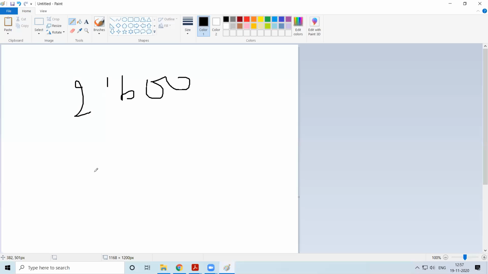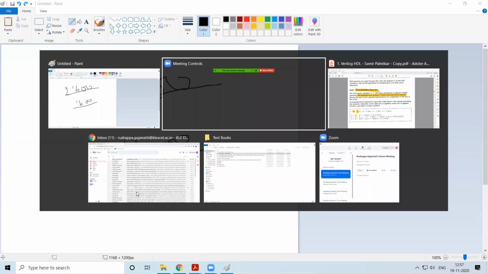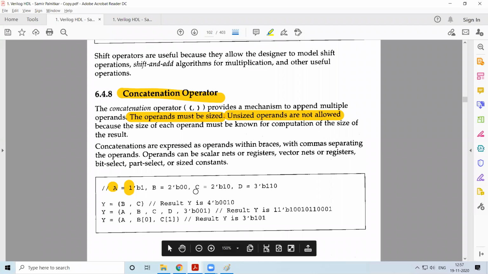If I don't put the number and specify just in this form, this is a sized number, and this is an unsized number. I haven't specified any size over here. So this is not permitted in a concatenation operator.